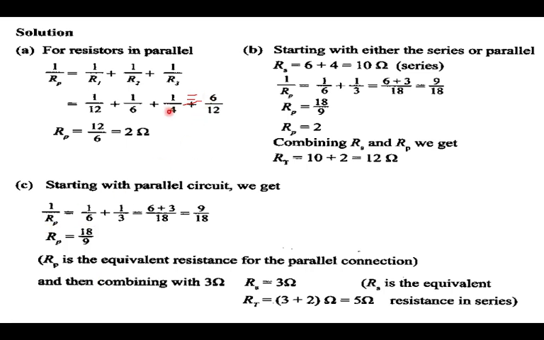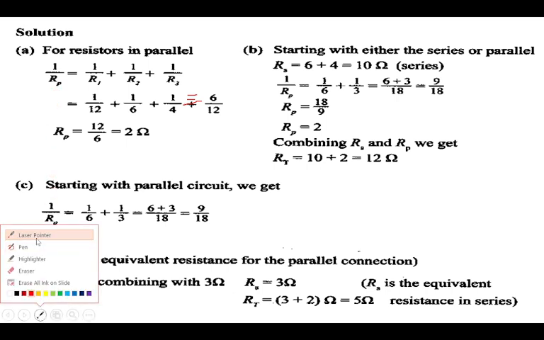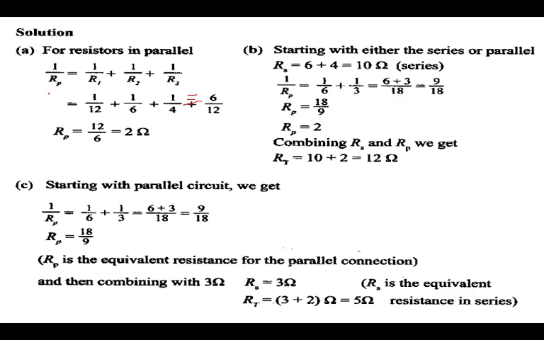So you simplify this fraction, it will give you 6 over 12. But this is 1 over R, and you are not looking for just 1 over R. What is R here? So you shall have to invert the fraction. This bottom part goes up.